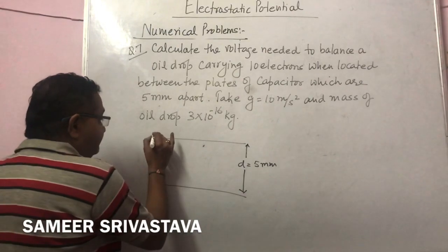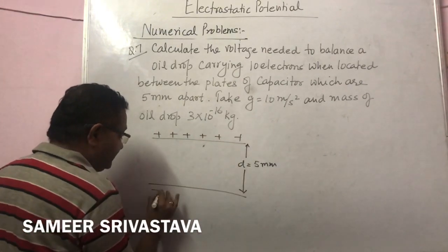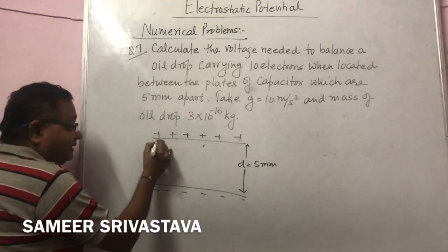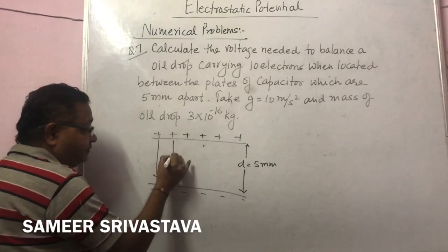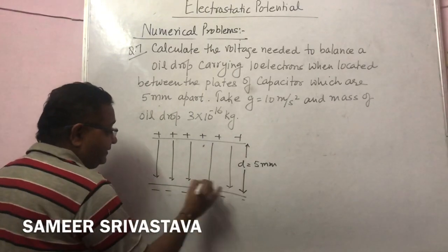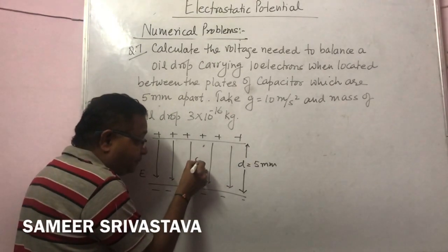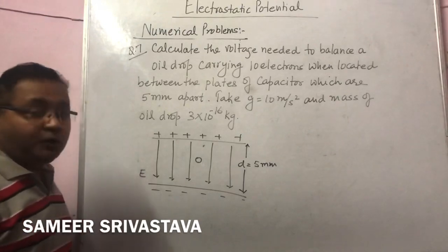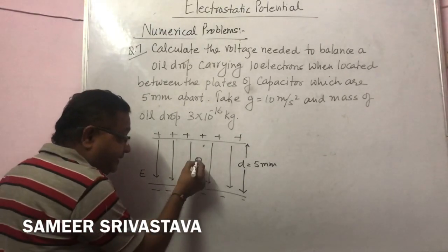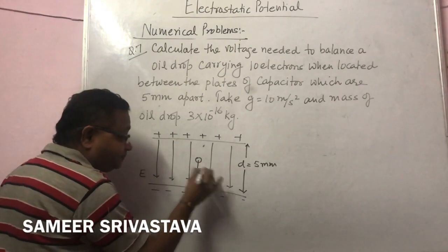Now, if I say this is the positive plate of the capacitor and this is the negative plate, we all know that the direction of electric field is always from plus to minus. This is the direction of electric field. Now, if there is a drop of oil, the weight of the oil drop acts downward, that is mg.